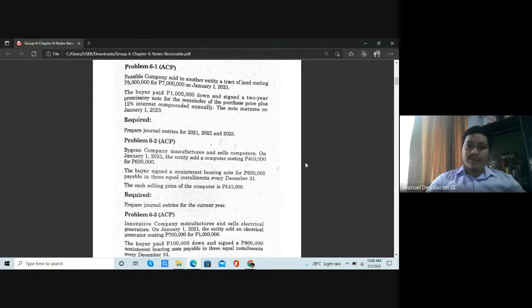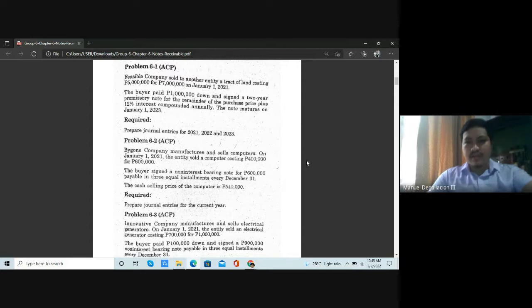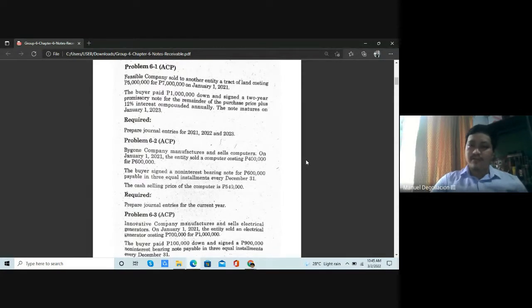When we say that your notes receivable class is just another form of your accounts receivable, we mean that your notes receivable is also an asset. It also represents a right to collect a sum of money. It is just different from your accounts receivable in the sense that your notes receivable is evidenced by a commercial document.